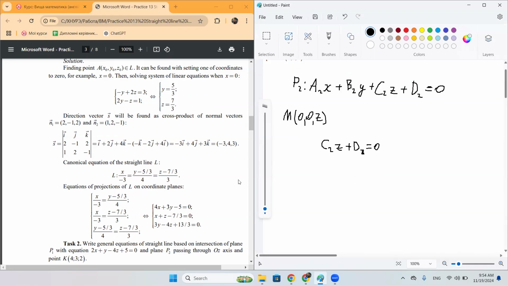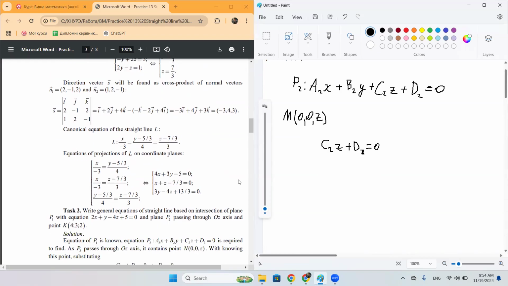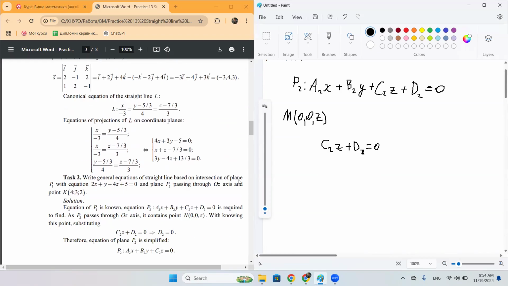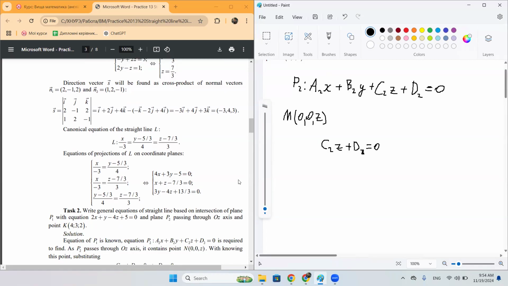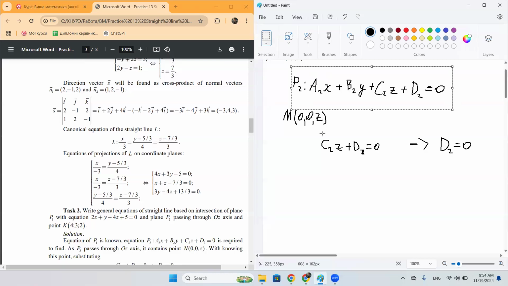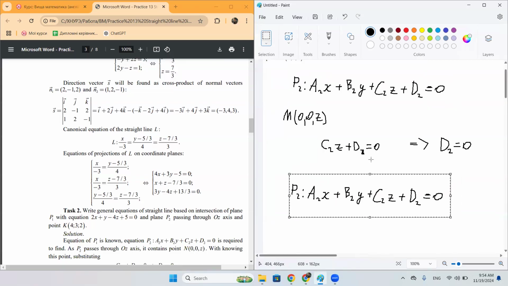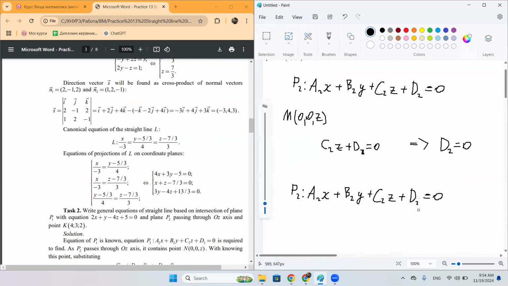So that's what we have. Then, by the way, from this we can find out that d2 can be assigned to 0. So the equation of the plane P2 will be simplified. We'll just erase d.